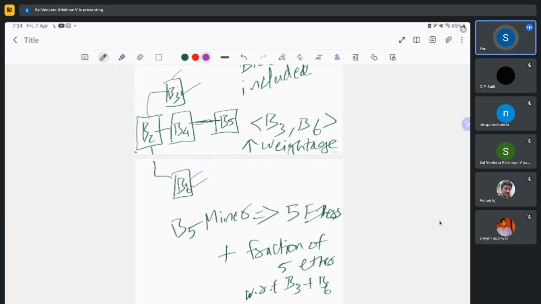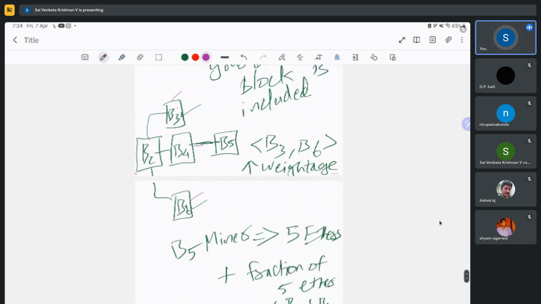And if they are happy with that, instead of mining on the longest chain, instead of adding on top of B4 and B5, they will just be adding on top of a block which is not at the top of the longest chain, whereas say instead of adding to B4 and B5, it would be adding on top of B2 in order to be included in the Uncle list of B5.